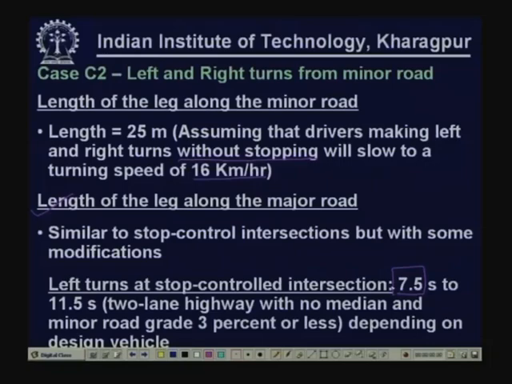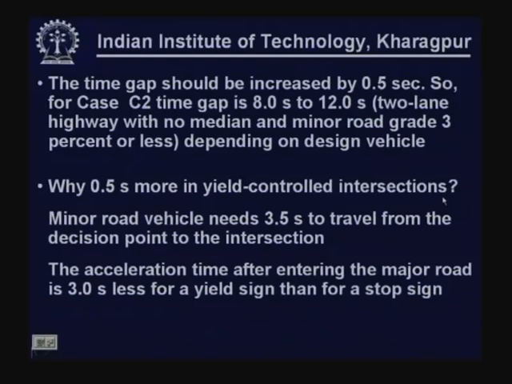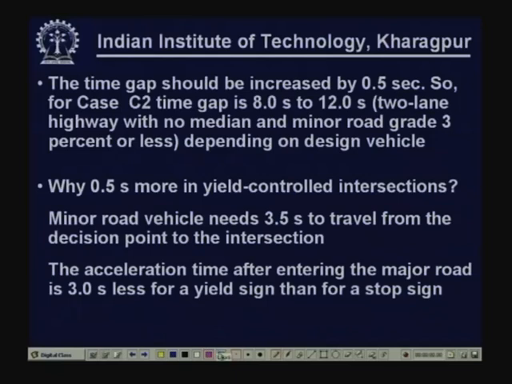Here minor modification is done on this design time. The time gap here is increased by 0.5 seconds. So, earlier value for stop control intersection was 7.5 to 11.5.